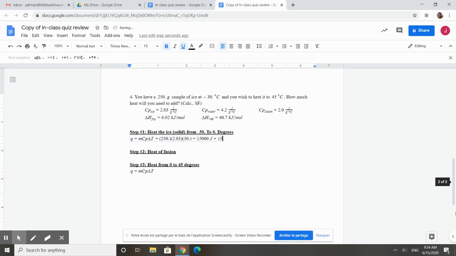And then I'm going to go ahead and convert this to kilojoules just because. And it was just because of sig figs that I did 15,000. In my calculator, I got 15,225.